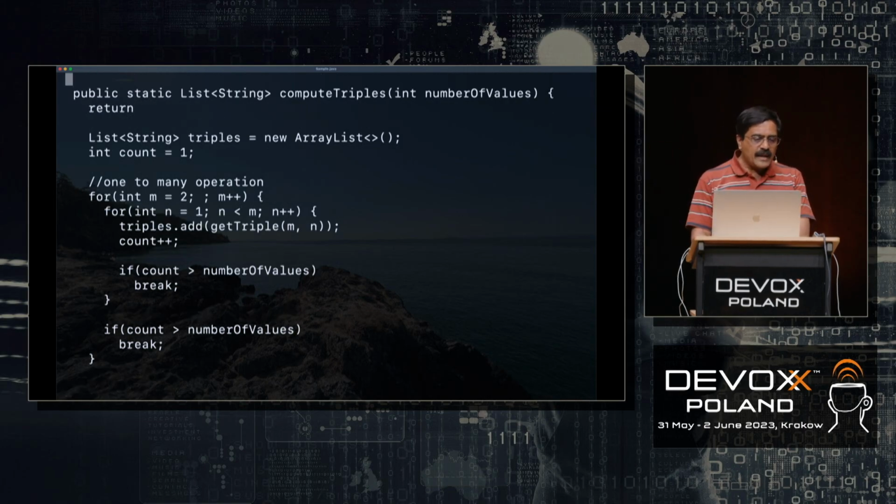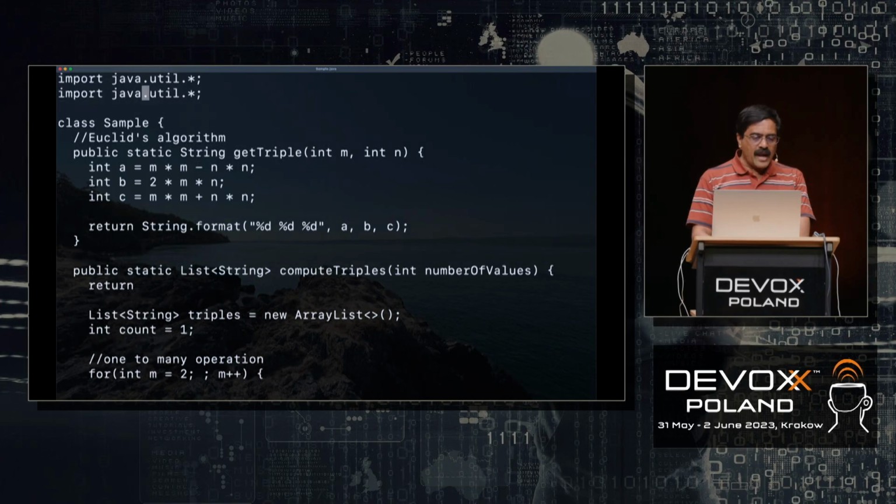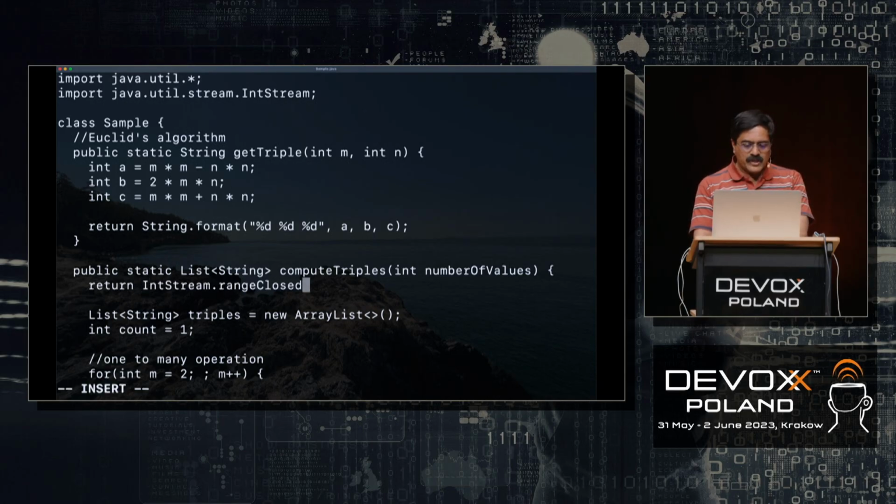So we can go ahead and bring in here, let's say a stream, and we can even bring in an IntStream from here. So we'll say IntStream like so. And now that we have an IntStream on our hand, what we want to do here is to say return IntStream.rangeClosed. And well, in this case, we want to keep iterating the value, pardon me.